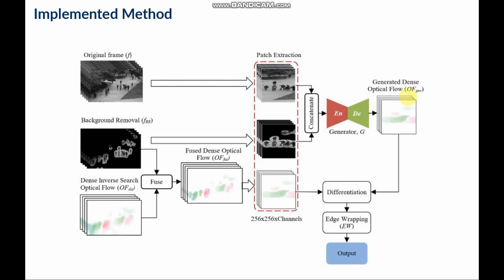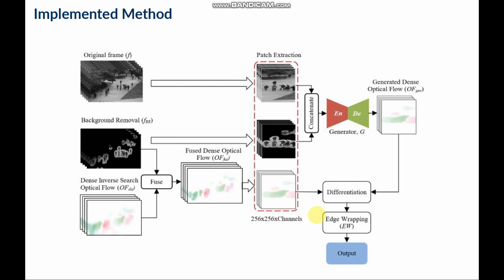In the training process of the GAN, these two will be used. In the GAN, there are a generator and a discriminator. The generator will try to generate optical flow that is similar to the real one, which is the fused optical flow.